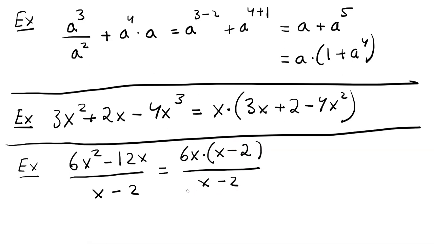So that means that we can simplify this fraction. Just make it 6x. Or if you prefer, you could write it as 6x over 1, but that's just the same thing. So this expression could be simplified to that.